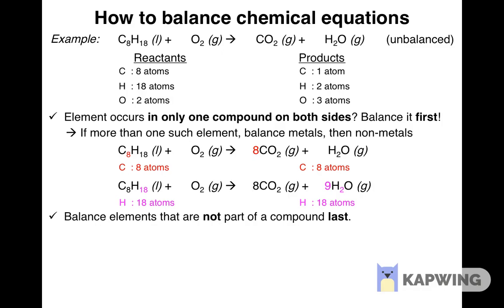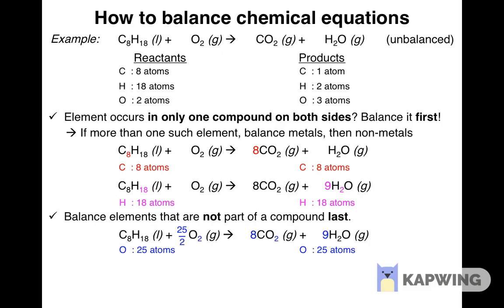However, the number of oxygen atoms on the product side is now 25: 16 in the carbon dioxide molecules and 9 in the water molecules. On the reactant side, the number of oxygen atoms is only 2. To adjust it, we can place a coefficient of 25/2 in front of the oxygen molecule.